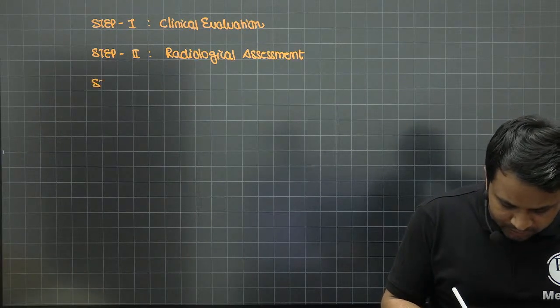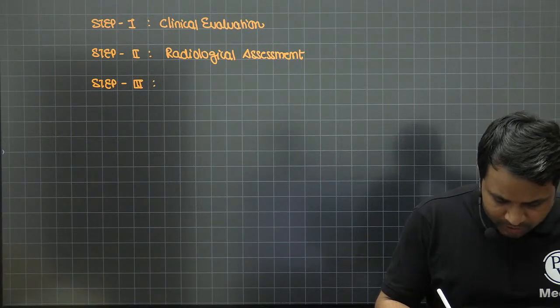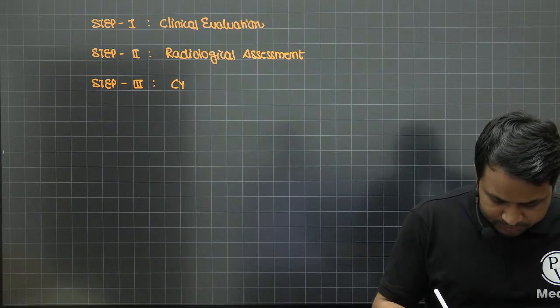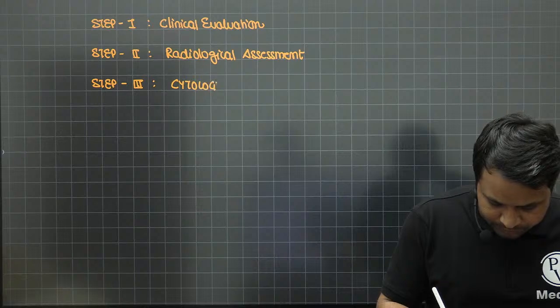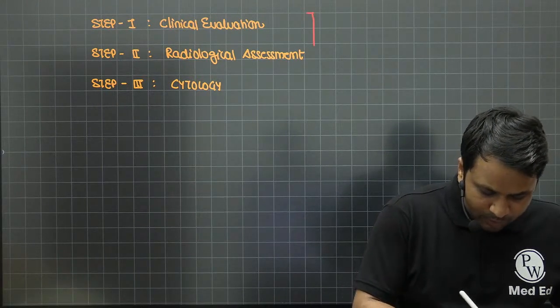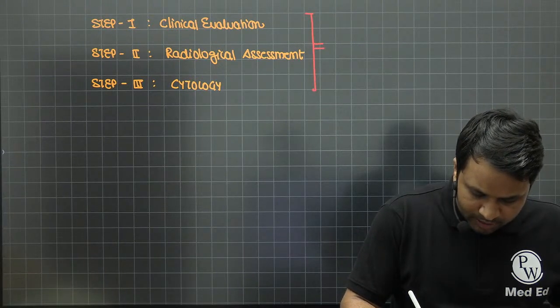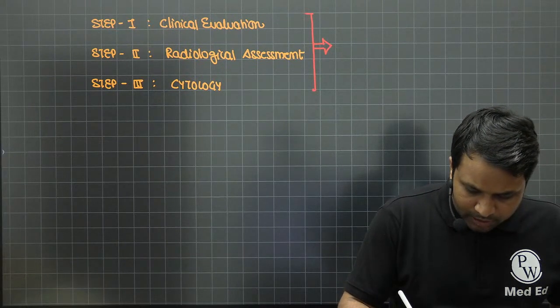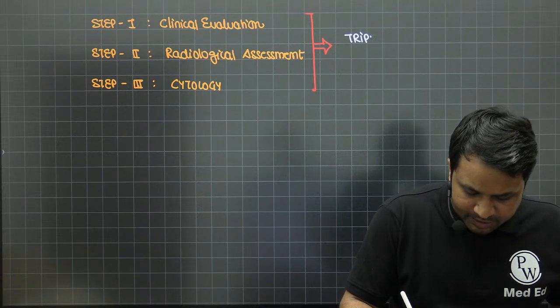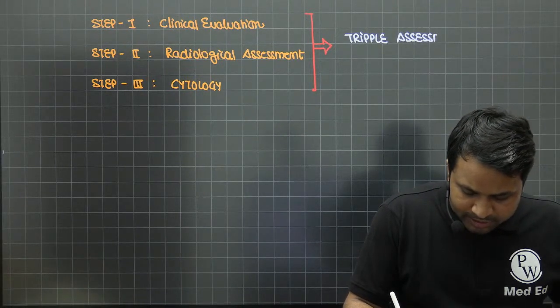Then you have step 3, which is the cytology. If you put all these 3 steps together, step 1, step 2 and step 3, it is what we call the triple assessment.